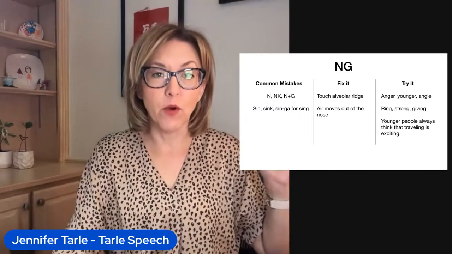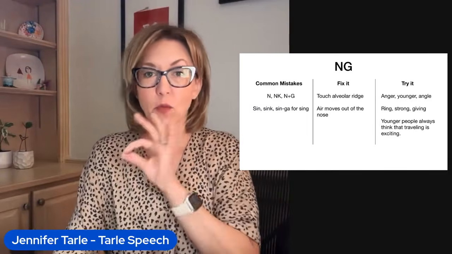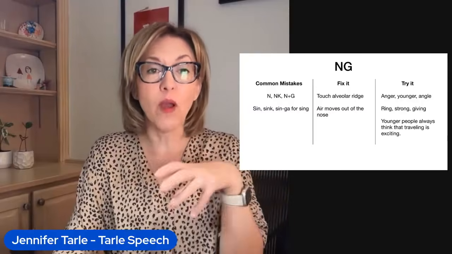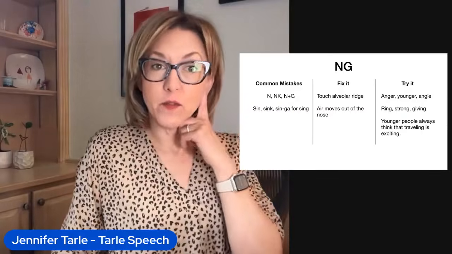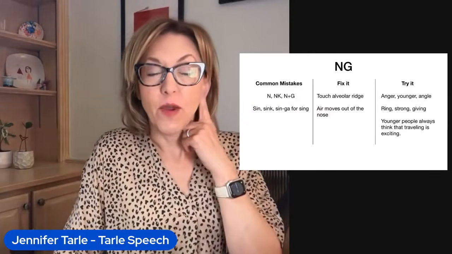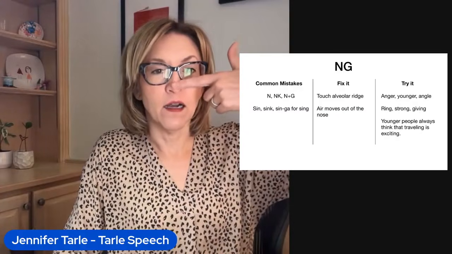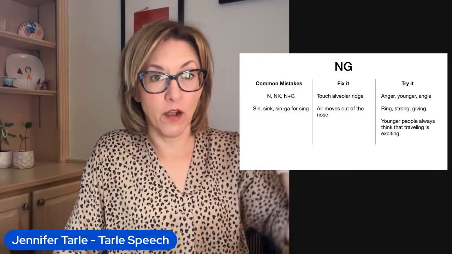I see I have an error on my slides. We are not touching the alveolar ridge. The tip of your tongue is low in your mouth, and the back of the tongue is pulled high up. So you have ng, ng, and the air is moving out of your nose.